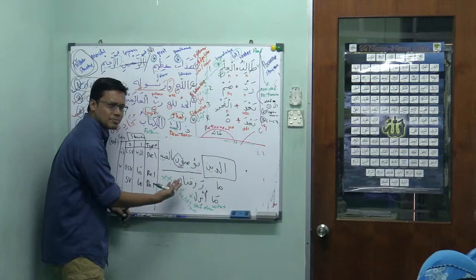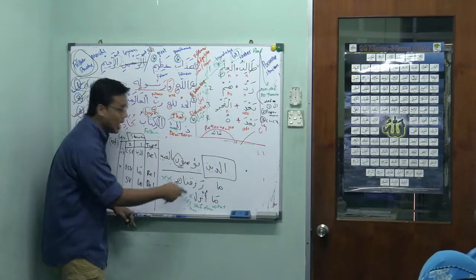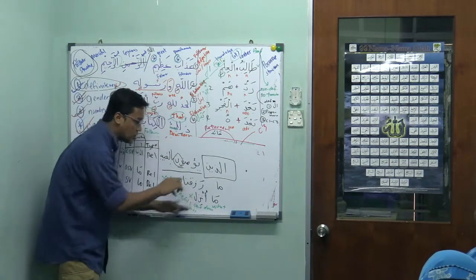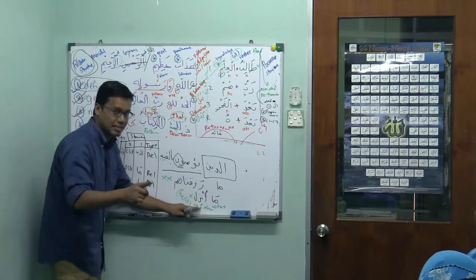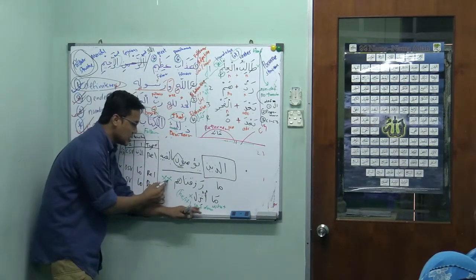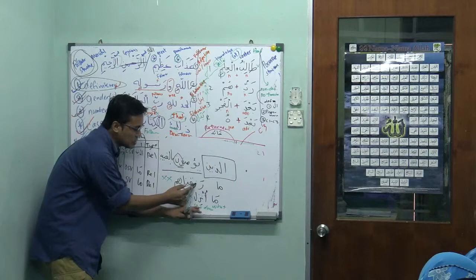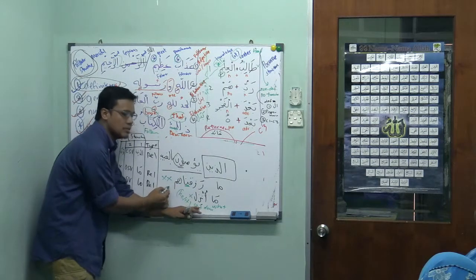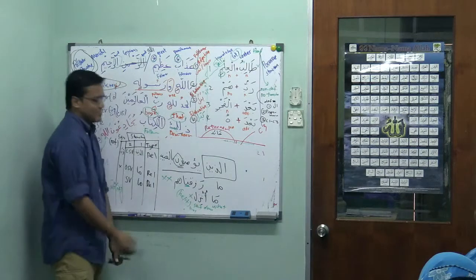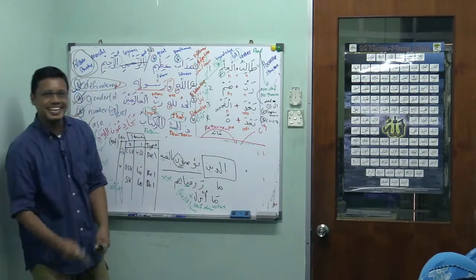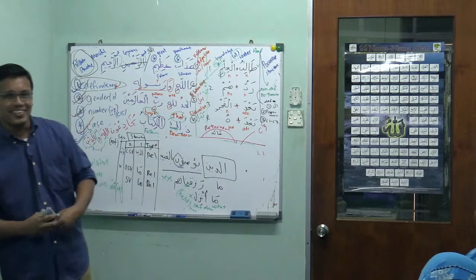This one also assumed for that matter. This is hidden in the verb itself because we say every verb has a subject. This one is not hidden in the verb because the verb has a subject already. This one is hidden not in the subject. This one is hidden in the subject. Faham?